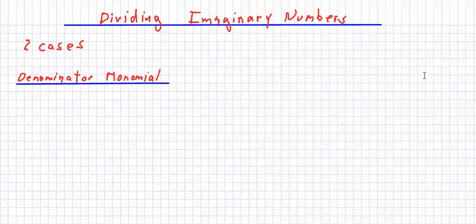So, for instance, we could look at a problem like 4 plus 3i divided by, let's make it, 2i.